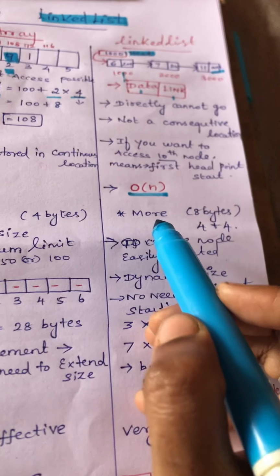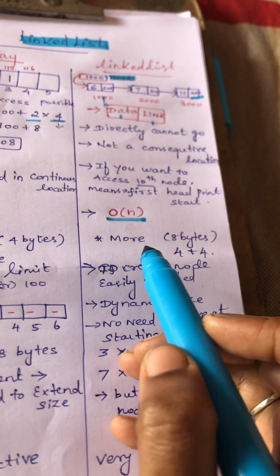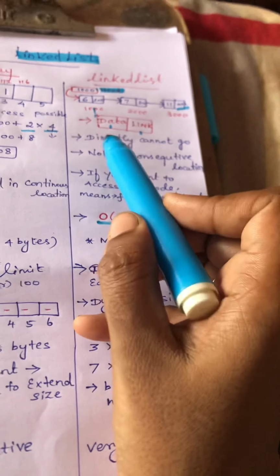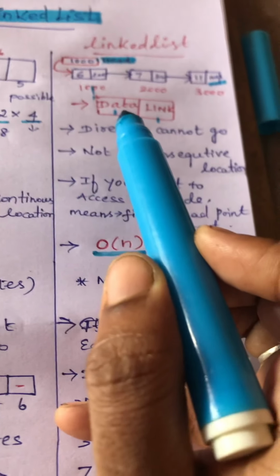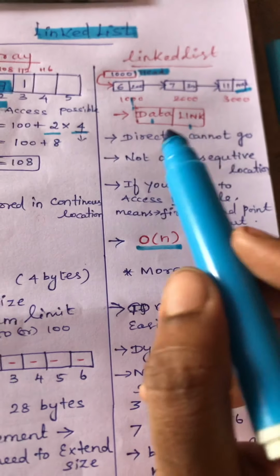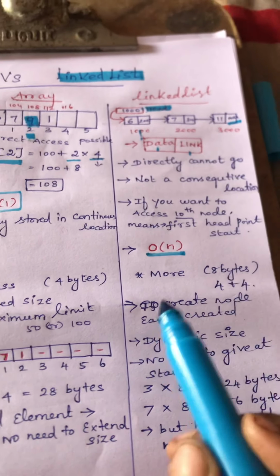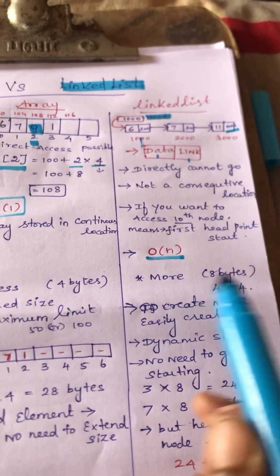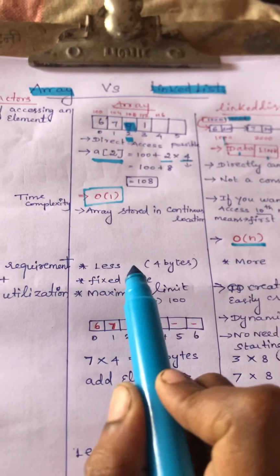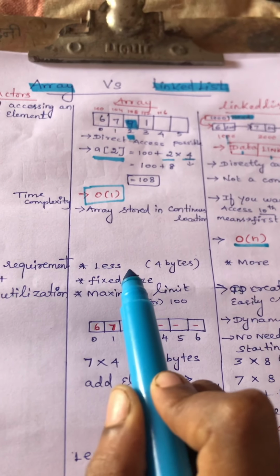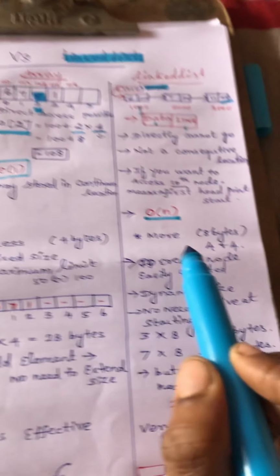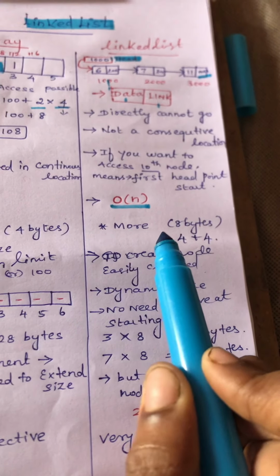In a linked list a node occupies 8 bytes because it contains 2 fields, a data field and a link field. It occupies 4 bytes for data and another 4 bytes for the link, so totally 8 bytes. So in an array it occupies only 4 bytes, and in a linked list it occupies 8 bytes.